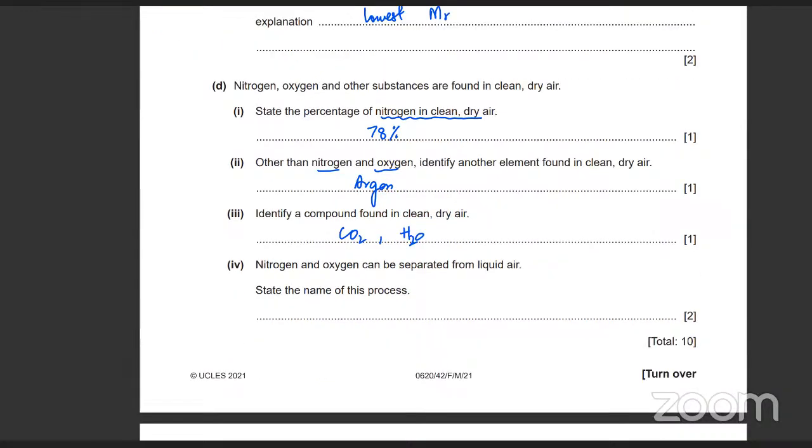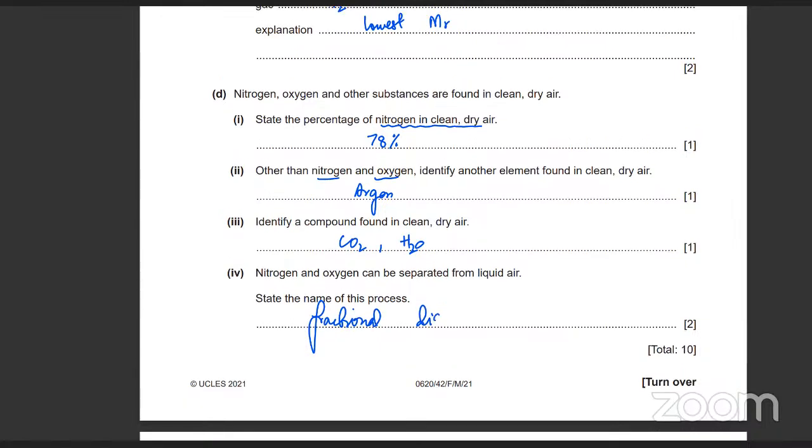Nitrogen and oxygen can be separated from liquid air. State the name of the process. How do you separate nitrogen and oxygen? Fractional distillation. So that's fractional distillation.